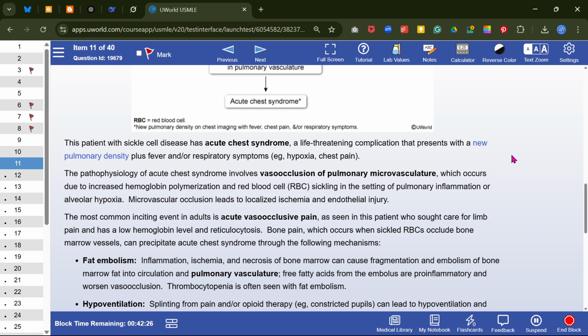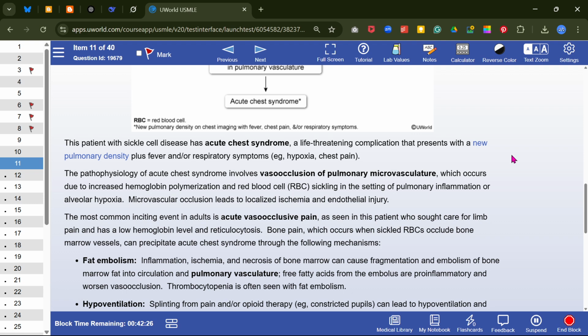The pathophysiology of acute chest syndrome involves vaso-occlusion of the pulmonary microvasculature, which occurs due to increased hemoglobin polymerization and red blood cell sickling in the setting of pulmonary inflammation or alveolar hypoxia.